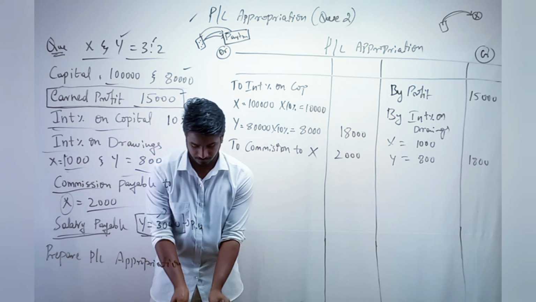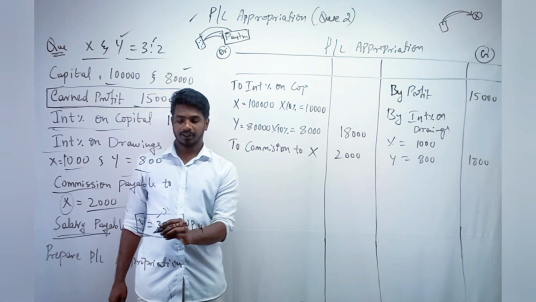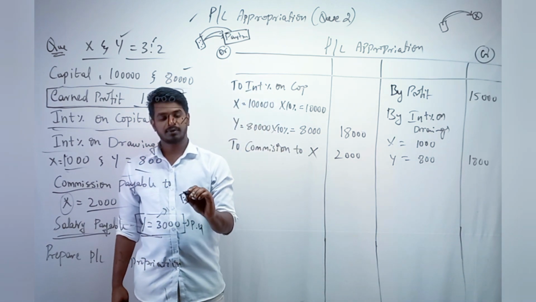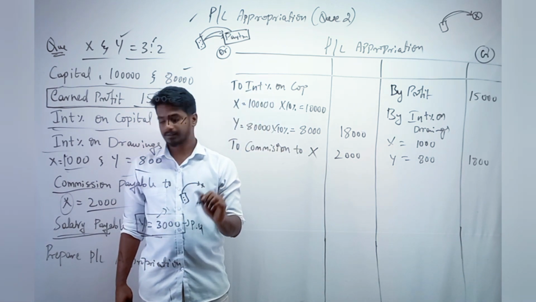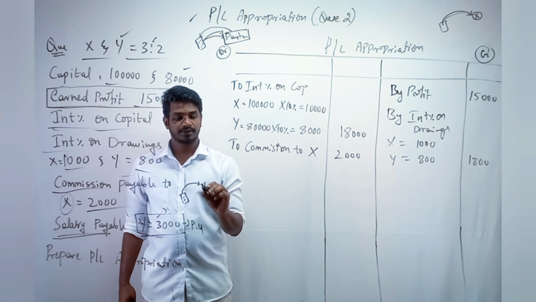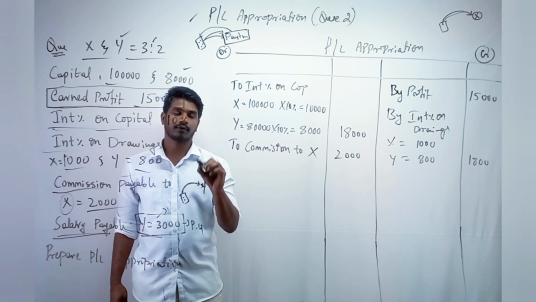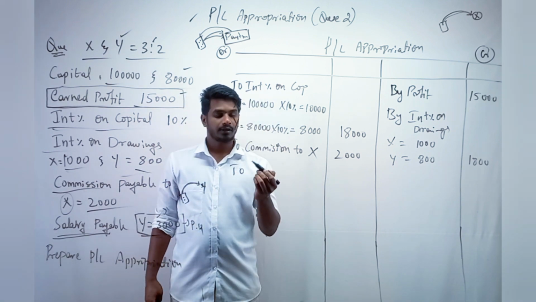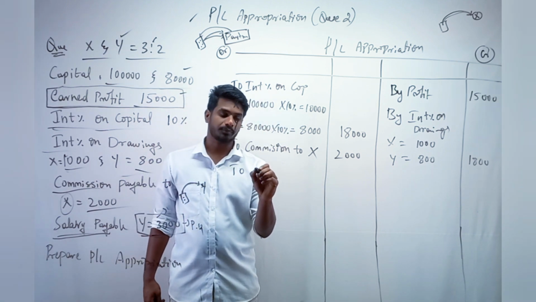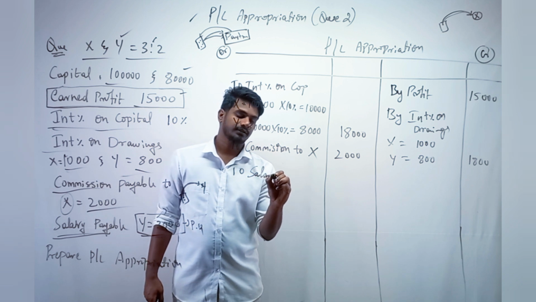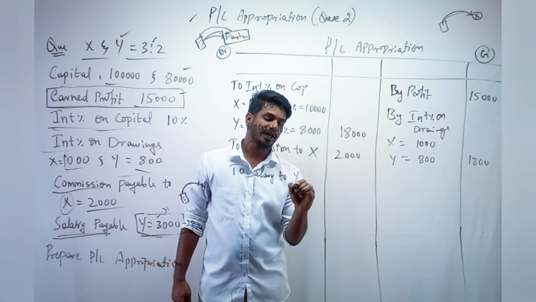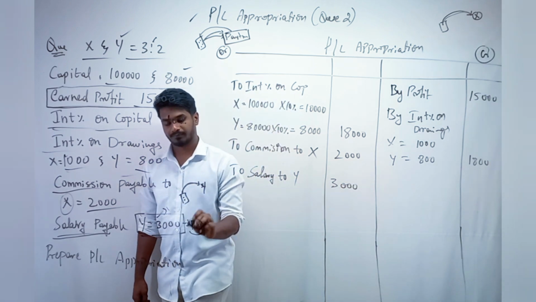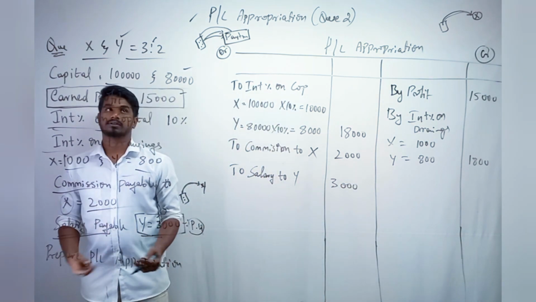So the firm is paying Mr. Y, which means cash is going out of the firm, so we will write it on the debit side of P&L appropriation. Salary to Y, how much? 3,000 per annum.